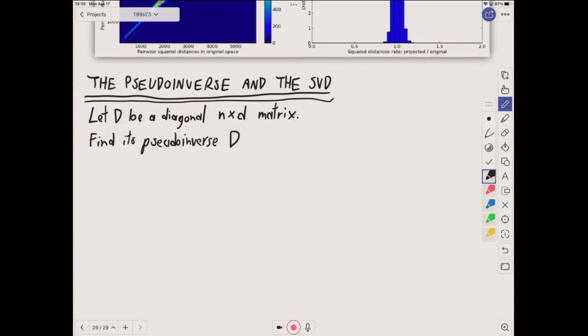Now the pseudo-inverse, we write it D with a superscript plus sign, or sometimes people use a dagger, depending on your typesetting taste. The way that we're going to define the pseudo-inverse for diagonal matrices is by transposing the matrix. So n by d becomes d by n.